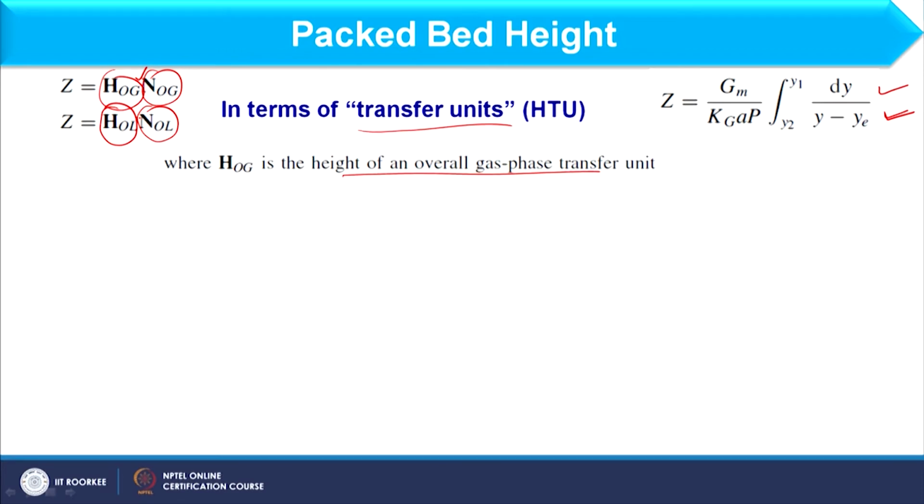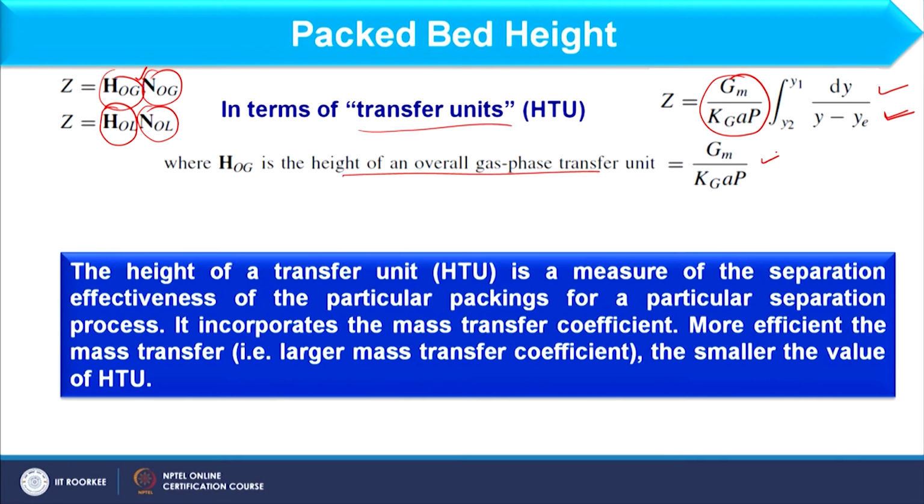So, let us focus on HOG first. As far as this HOG is concerned, this is basically the first term of expression Z, okay, and here it is equal to Gm by Kg a P, right. So, what is this height of overall gas phase transfer unit? For that we consider the height of transfer unit, which is a measure of the separation effectiveness of a particular packing for a particular separation process.